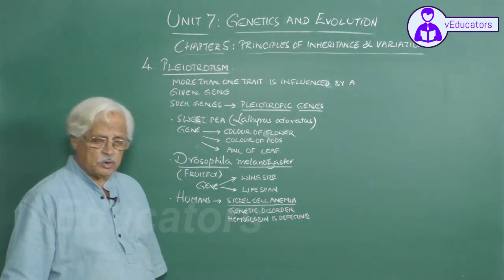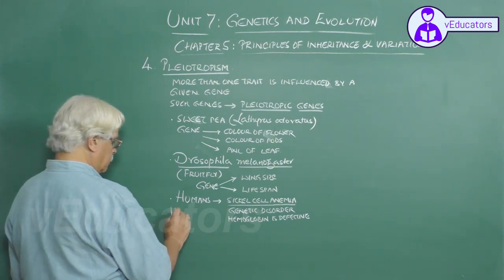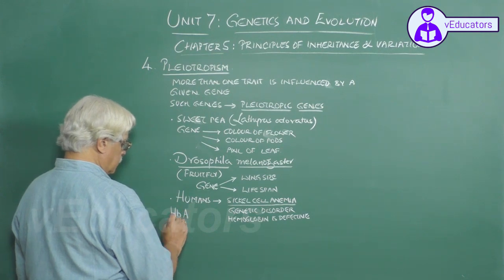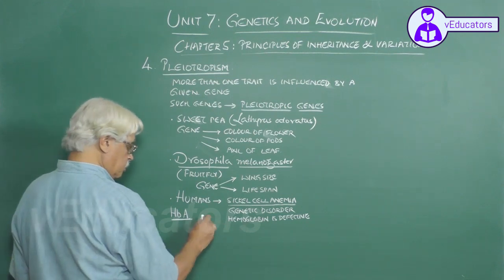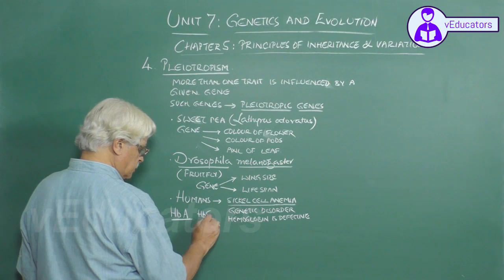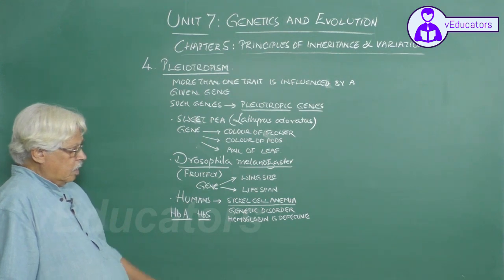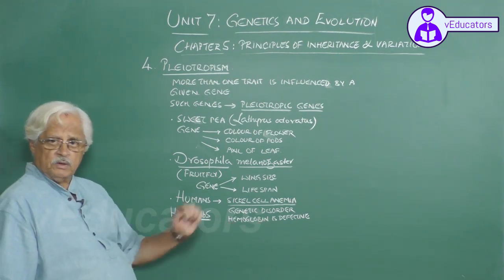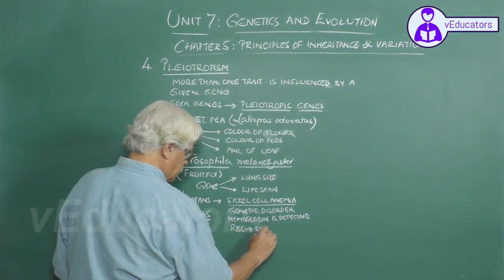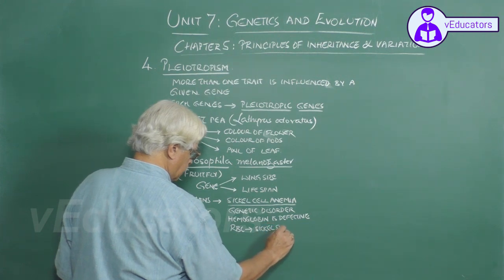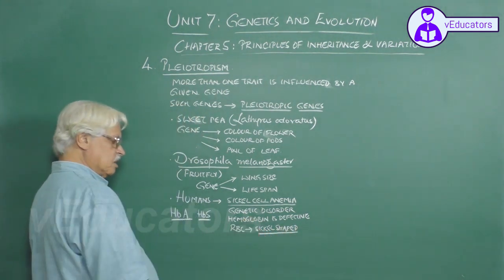Here, due to a mutation, hemoglobin becomes defective. Normal hemoglobin is represented as hemoglobin A. Defective hemoglobin is represented as HbS, hemoglobin S. Not only the hemoglobin becomes defective here, the RBC becomes sickle shaped.